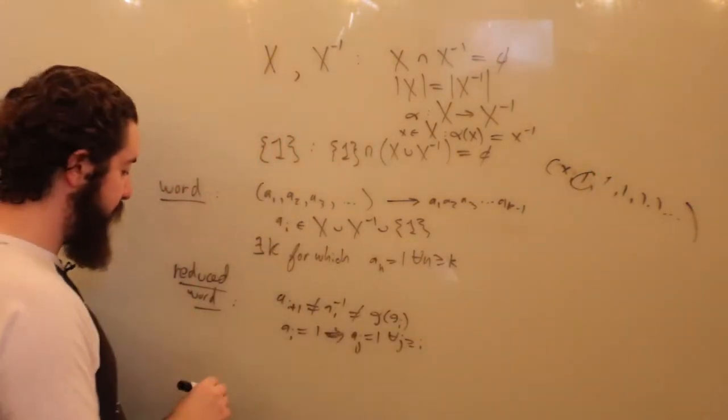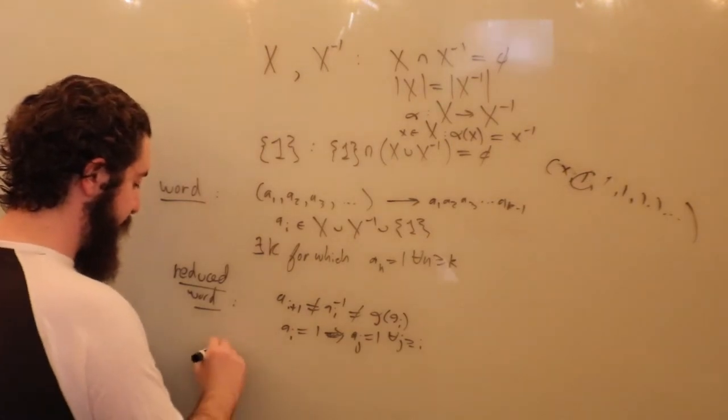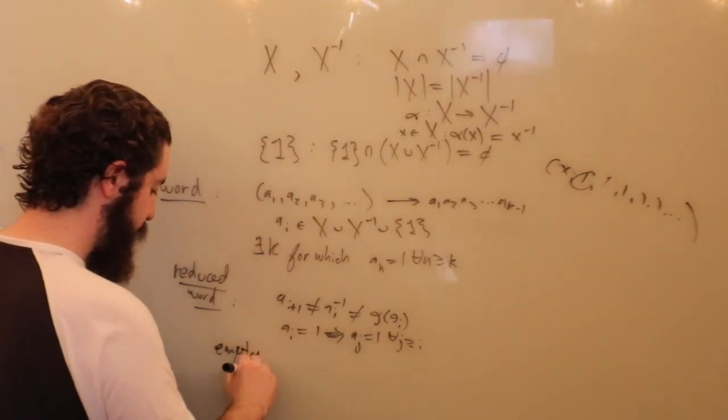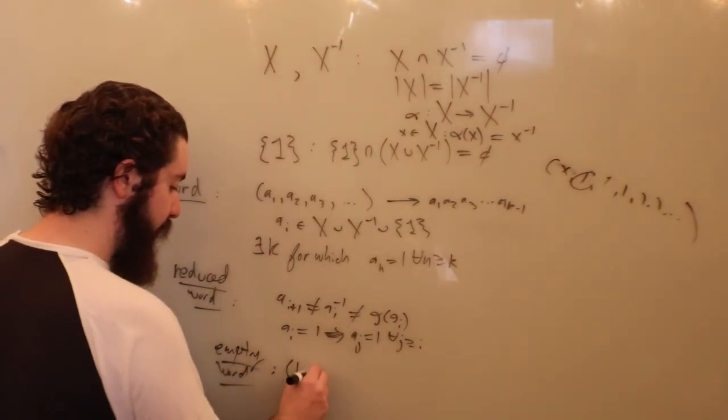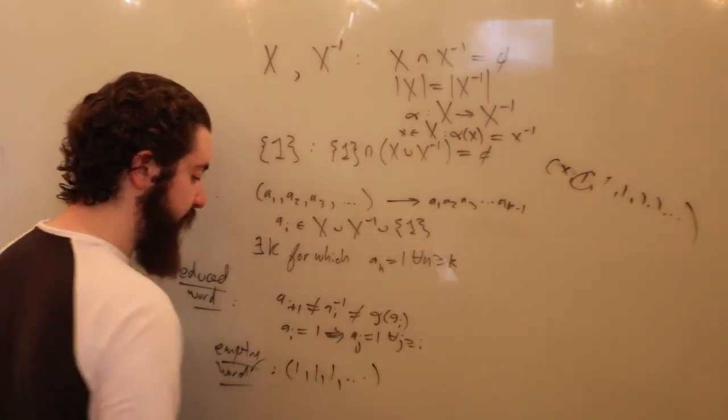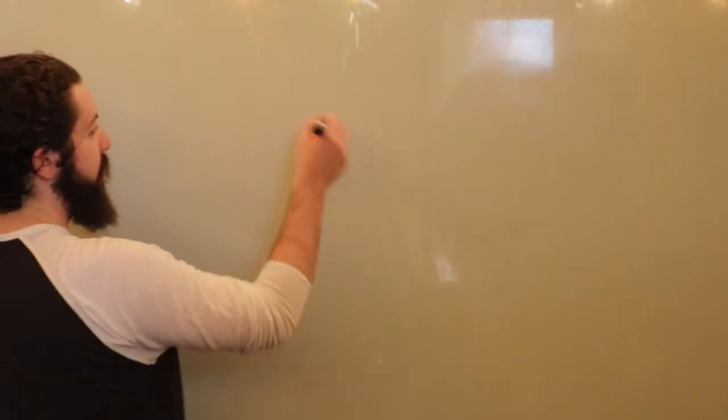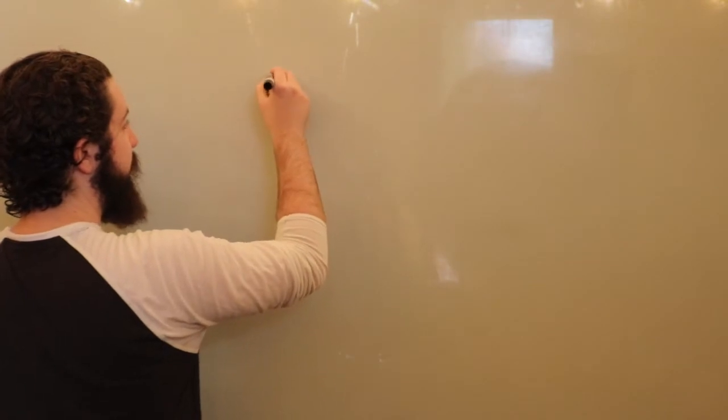One more definition here. We are going to define the empty word to simply be the sequence 1, 1, 1, etc. Now each reduced word on X is going to look like this, right?